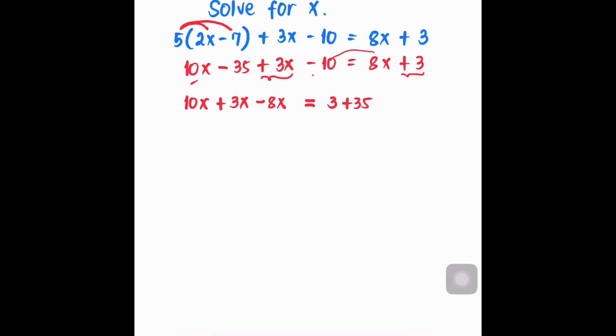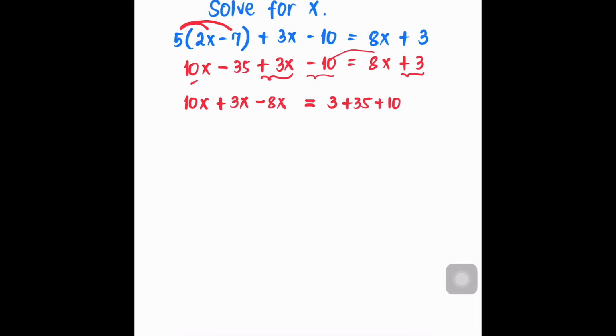Same goes for the negative 10. Negative 10 jumping over to the right hand side will become a positive 10. So we've already placed the terms in the corresponding positions.